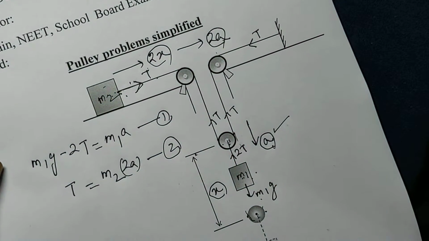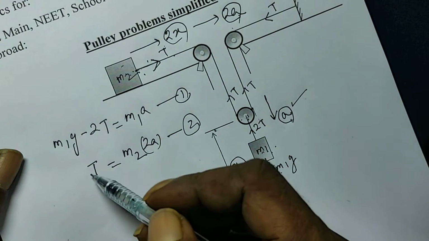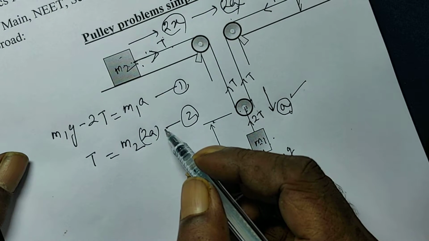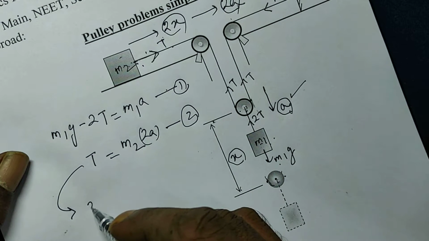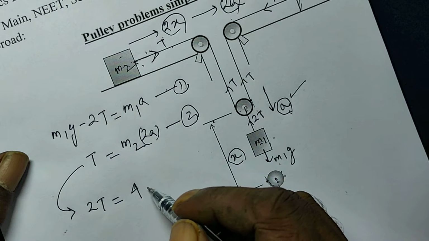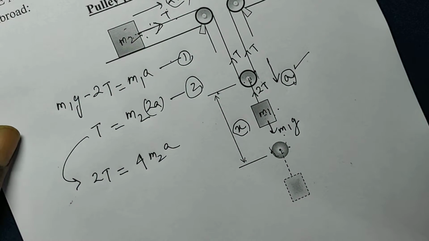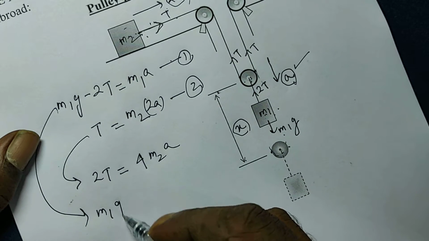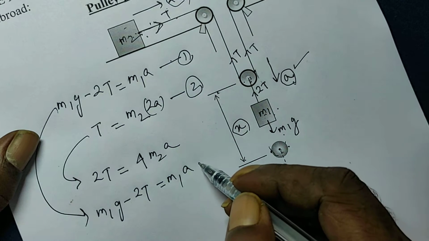Now there are two equations. If you add them, the T won't cancel, so you have to multiply the second equation by 2, then add to equation 1. If I multiply by 2, this becomes 2T equals 4 M2 a. Then just below it I write this equation, M1g minus 2T equals M1 times a.